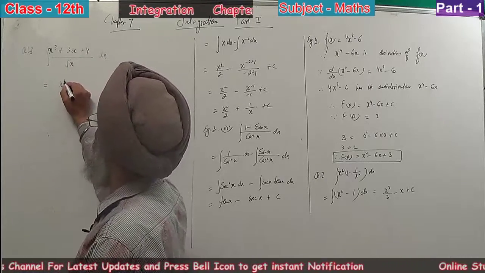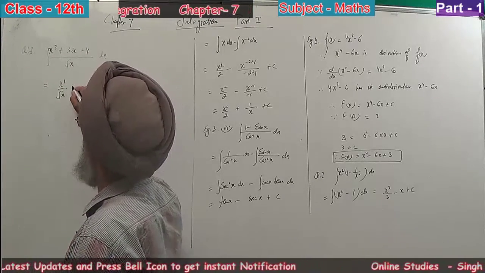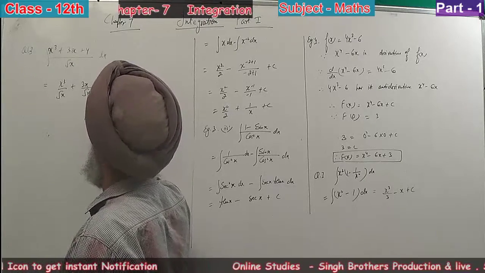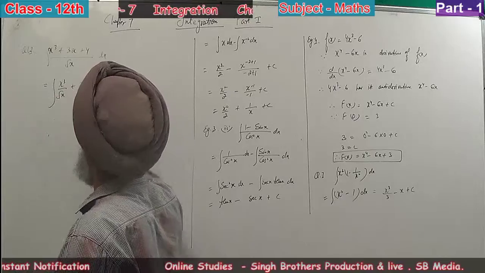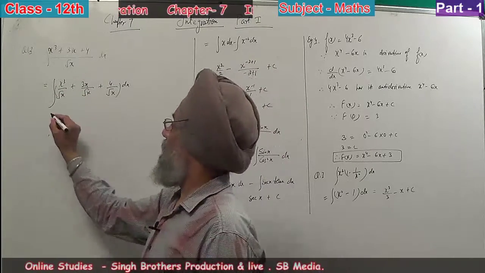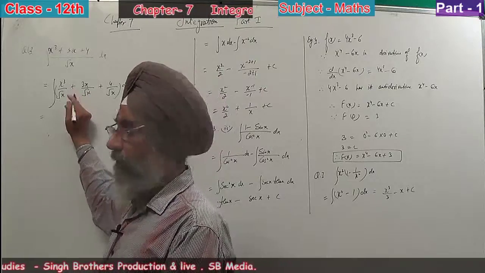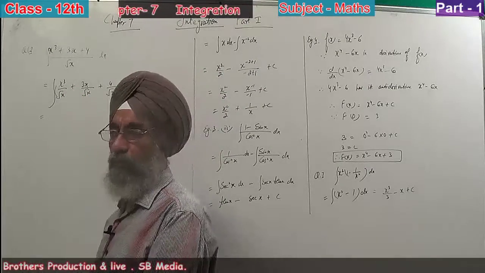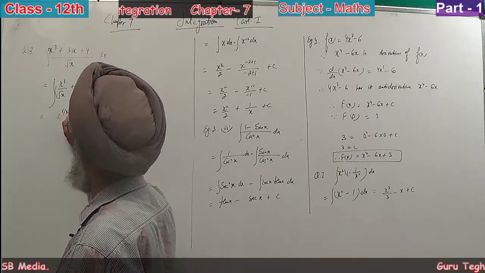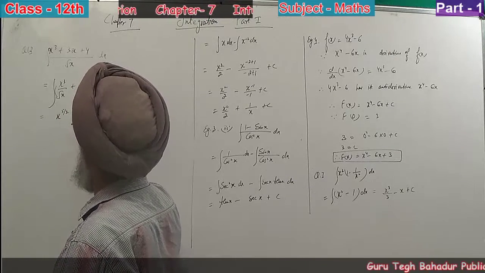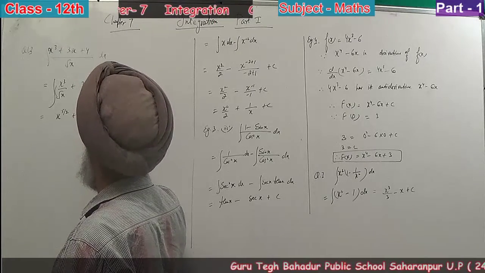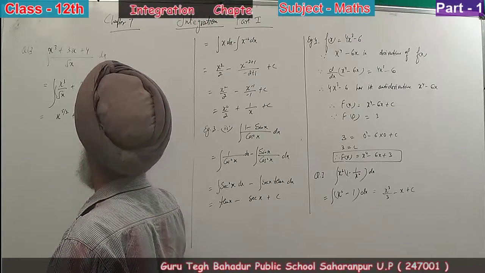It becomes x cube upon square root of x, 3x upon square root of x, 4 upon square root of x dx. x upon square root of x means x to the power half. 3 minus half becomes 5/2. 3 x to the power half, 4x to the power minus half dx.